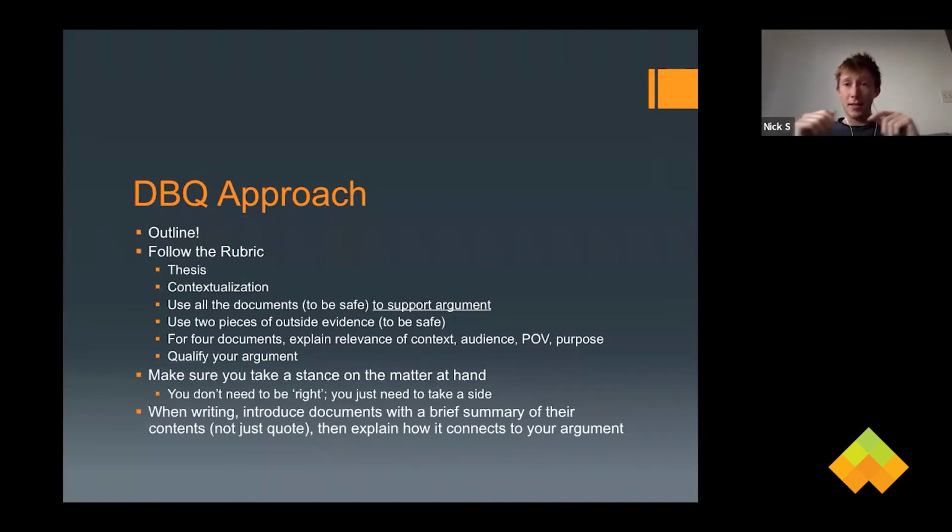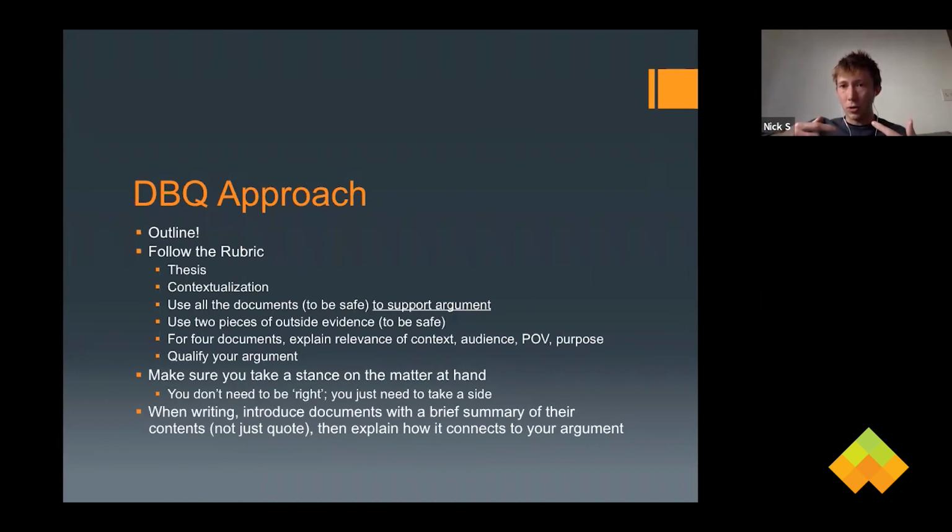The last thing that is not part of the outlining, but is part of the writing for the DBQ, is that when you are going to introduce a document, it's fine to quote it. How you cite the document, whether you just put document 3 in parentheses or just 3 in parentheses, that stuff doesn't matter. What you do need to be sure you do, though, is introduce them with a summary of their contents.